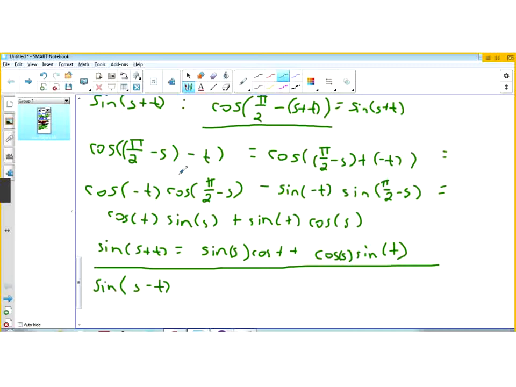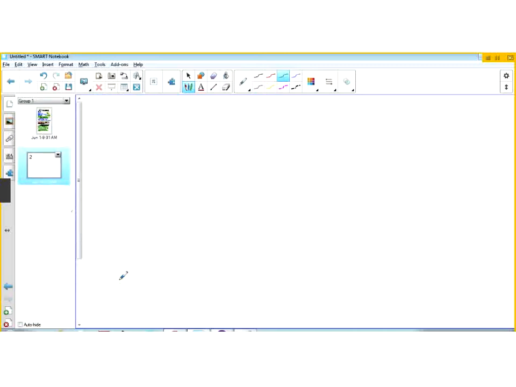What else? What other identities can we work with? Okay, and then of course, I guess we can work on proving the tangent of a sum of two numbers. I'll prove the tangent of a sum of two numbers, and then I'll leave it to you to prove the tangent of the difference of two numbers.